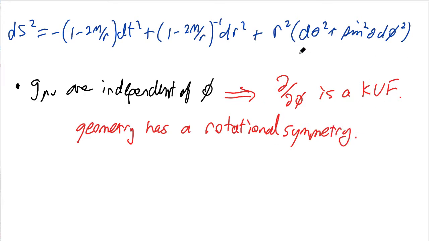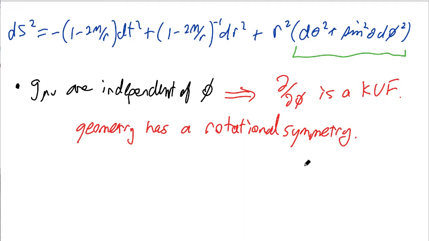In fact, you'll notice that this portion of the metric is the same as the metric on a two-dimensional sphere of radius 1. And the two-dimensional sphere is symmetric not only about rotations about the z-axis, that would be rotations along d by d phi, it's also symmetric under rotations about any axis. So we refer to that as spherical symmetry.